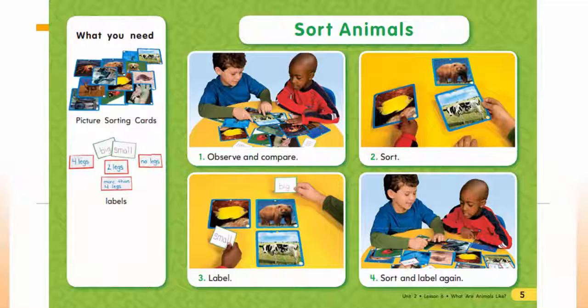Let's think about what we already know about animals. We're going to look at some pictures of animals, sort them into groups, and then label them. Let's get started.